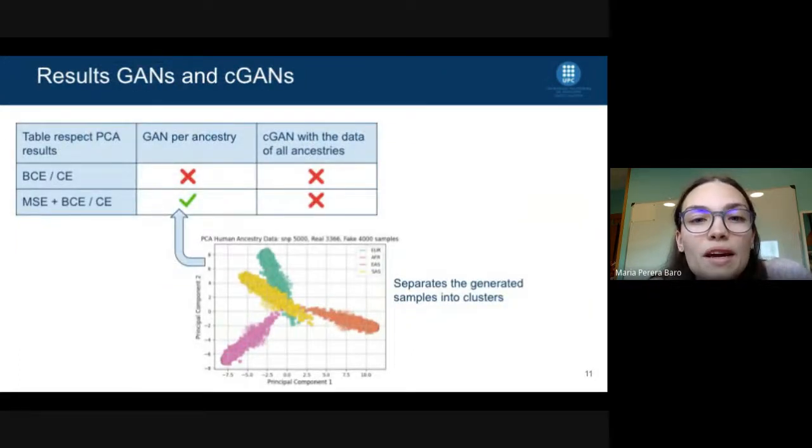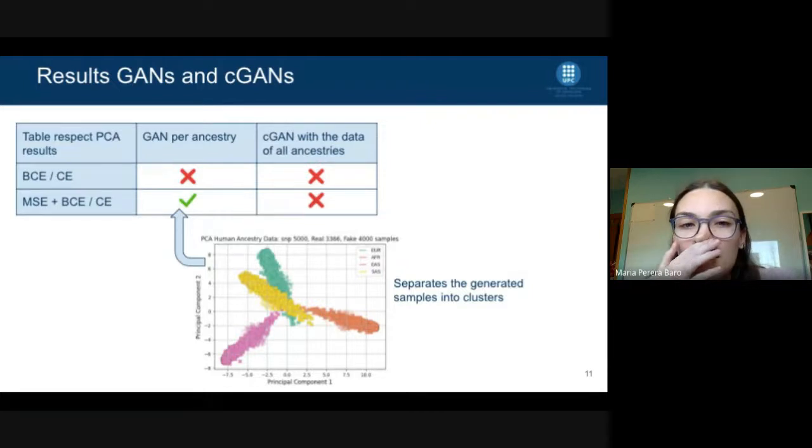Regarding the results, the only one that separated the generated data into clusters is the GAN per ancestry with binary cross entropy plus the mean square error. In the plot, we can see the PCA of the generated samples projected into the real ones; the dots are the real samples, and the crosses are the generated samples.